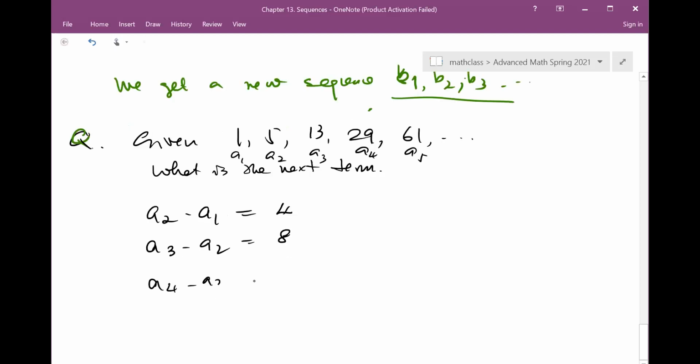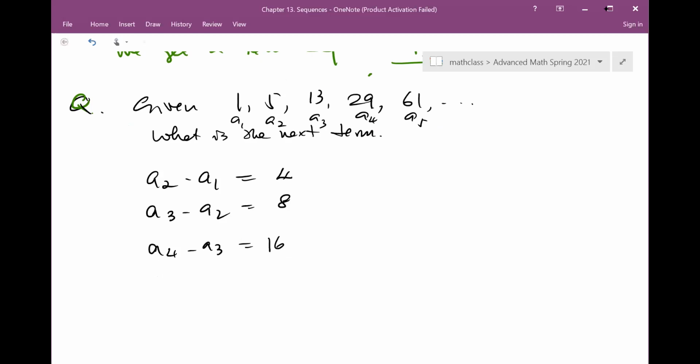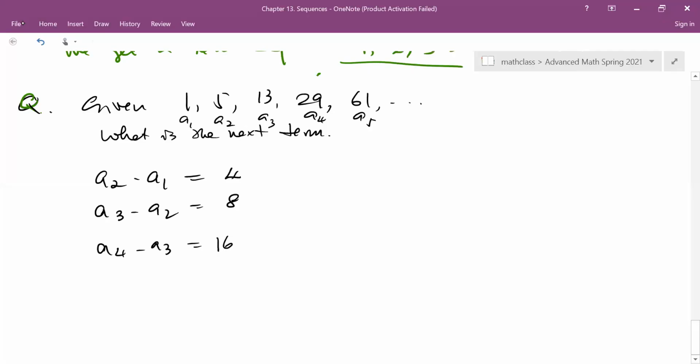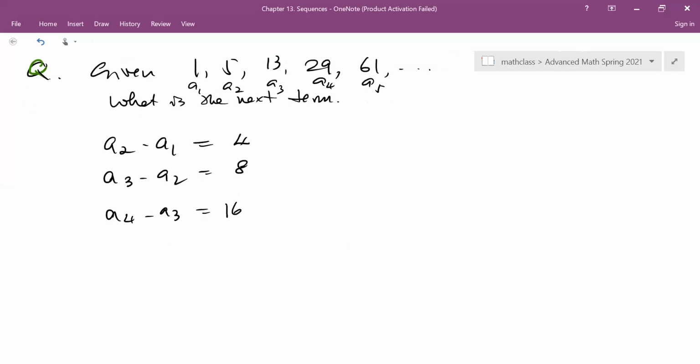A4 minus A3 is 29 minus 13, so 16. A5 minus A4 is 61 minus 29, which is 32.